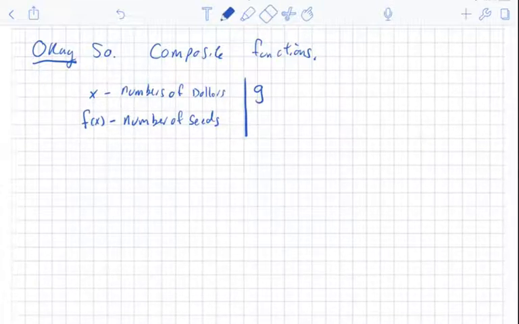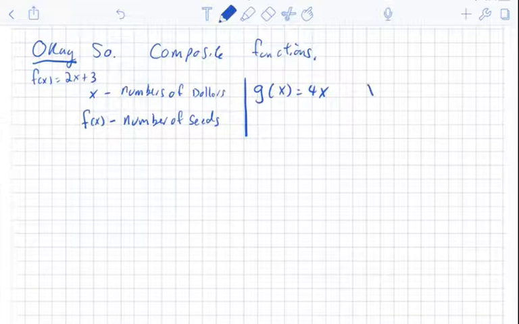So they might say f of x is equal to 2x plus 3, where x is the number of dollars and f of x, the number you get out, is the number of seeds. Alternatively, they might say g of x is equal to 4x, where x is the number of seeds and g of x, the number you get out, is the number of tomatoes.